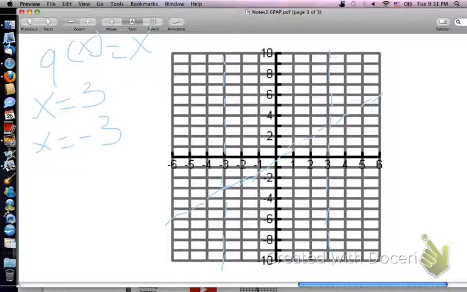It passes through the origin, so we could put a dot there. And then we know it's going to approach our asymptotes, but we want to figure out where it actually approaches them. Well, we can just plug in values.